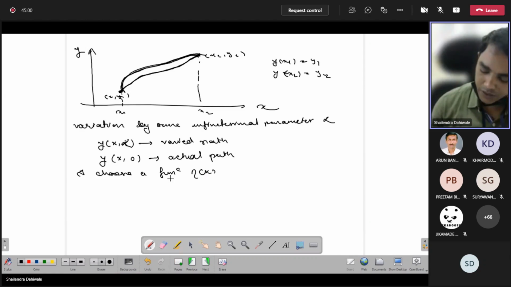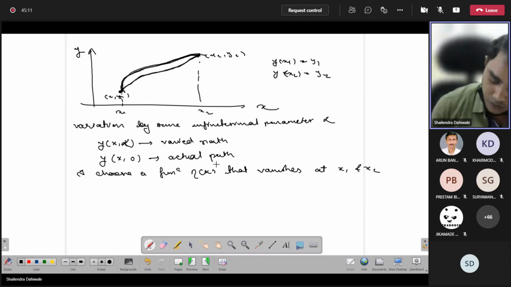So I choose eta of x that vanishes at your x1 and x2. Whatever my actual path is, I can choose a varied path with a parameter alpha and a function eta of x.